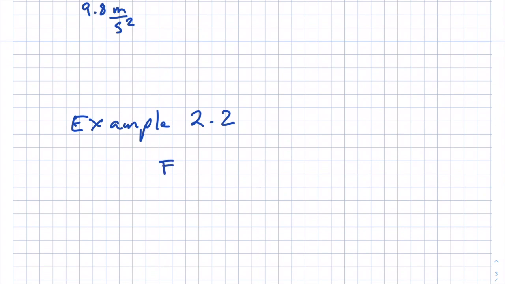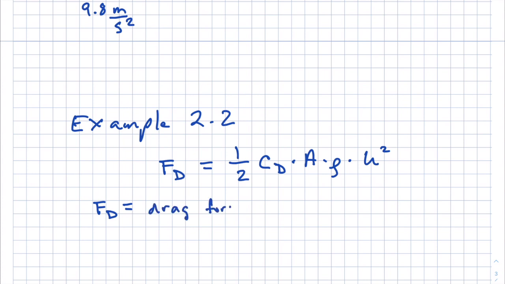In example 2, he has a drag equation. You don't have to know anything about a drag equation. I didn't before I saw this example. So FD is 1/2 times this constant CD, times A, times rho, times U squared. We're going to look at this in terms of dimensional analysis. FD is drag force, and the key word here is force.